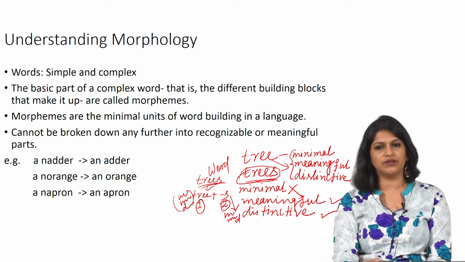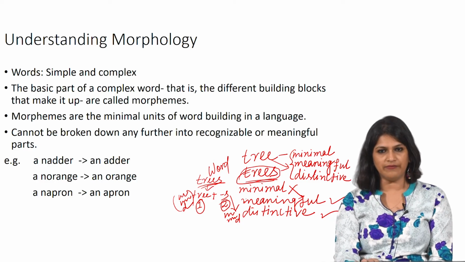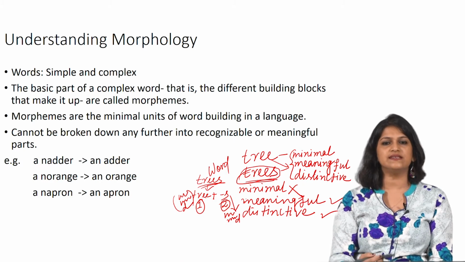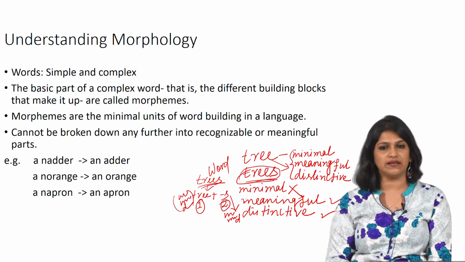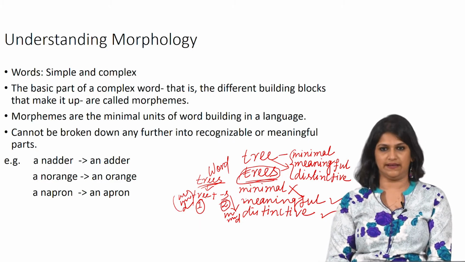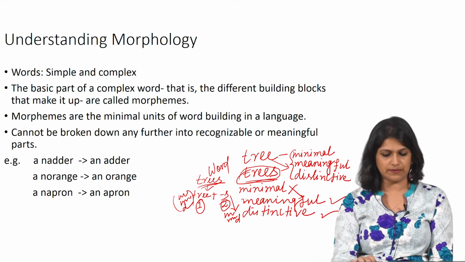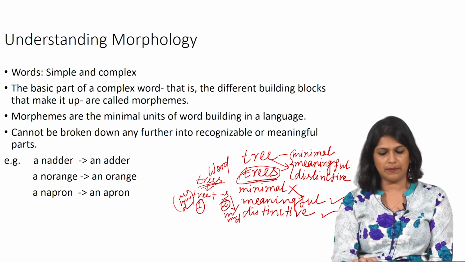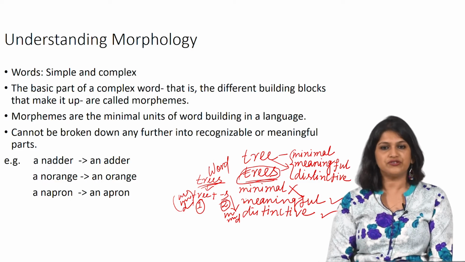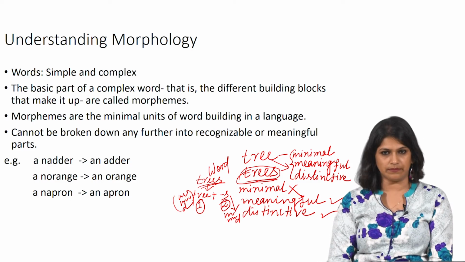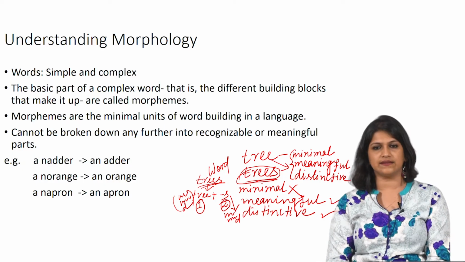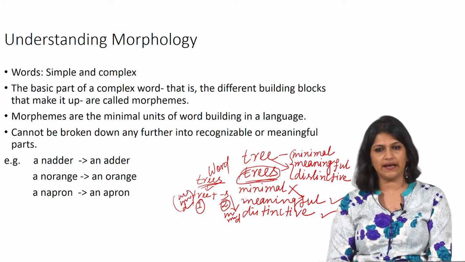So, how would you find out? When you say tree as a morpheme, you can clearly see that it can stand alone. It does not need anyone else to be meaningful independently. So, this also has some meaning, this also has some meaning, but this has an independent meaning. Tree as a word has independent meaning, and S as a morpheme does not have an independent meaning.